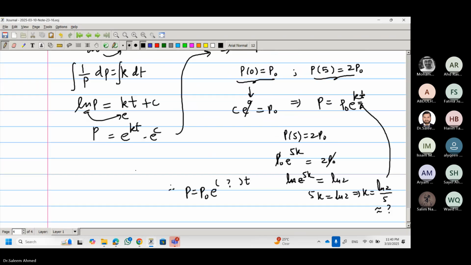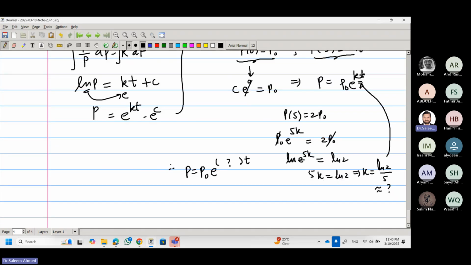So from here, whatever condition is given, they said find the time when your population becomes 3 times the initial population, triple. Population becomes triple means 3 times the population given. So you put P equal to 3P naught and find the value of t from here.